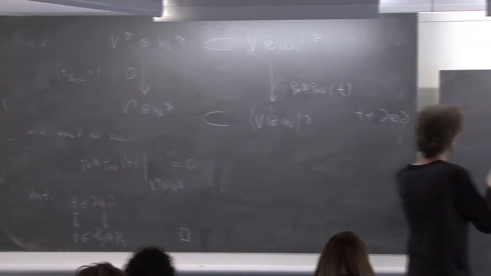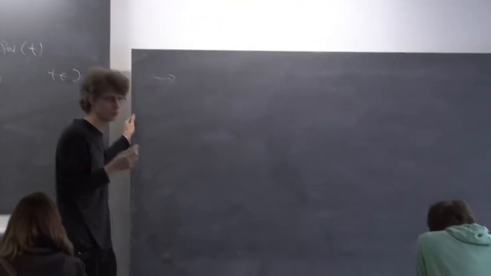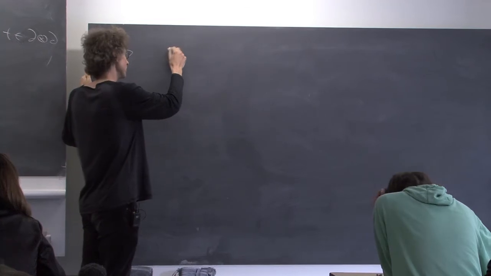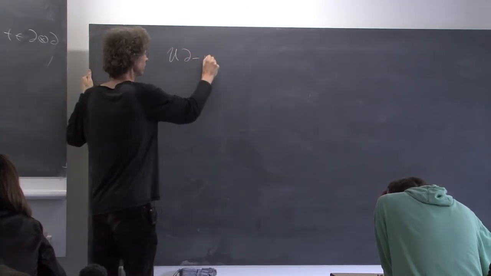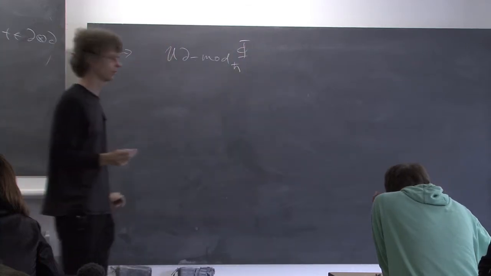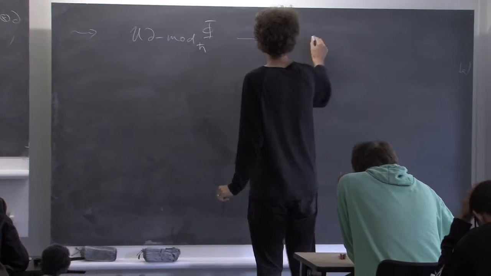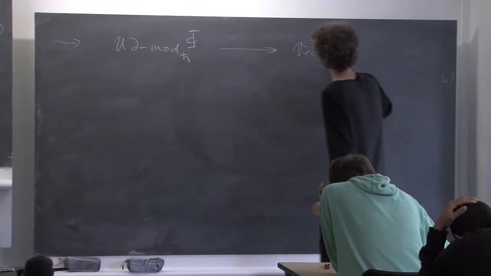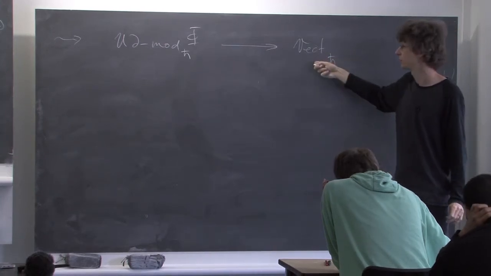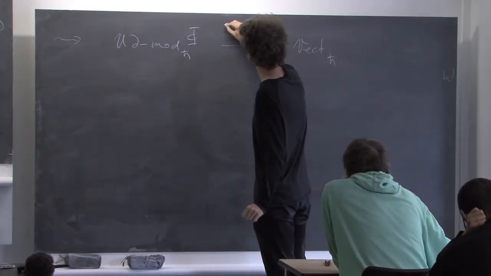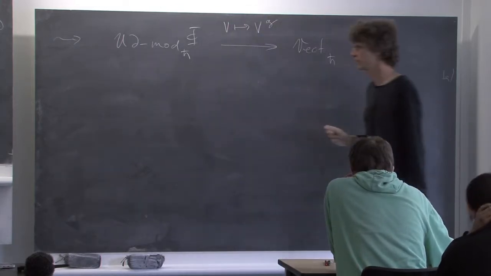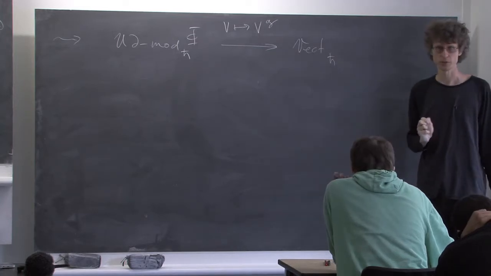So as an outcome, this implies, that's why we're doing it all the time, that when you start with this difficult category U(D)-mod with ħ and Φ, and now we apply that functor going to vector spaces, H bar is not going to go away. Just take this functor of V going to G invariants. So this is a braided monoidal functor.